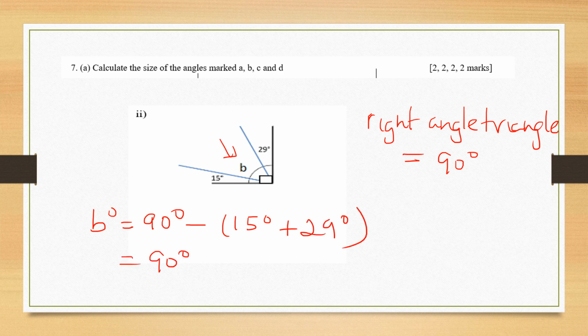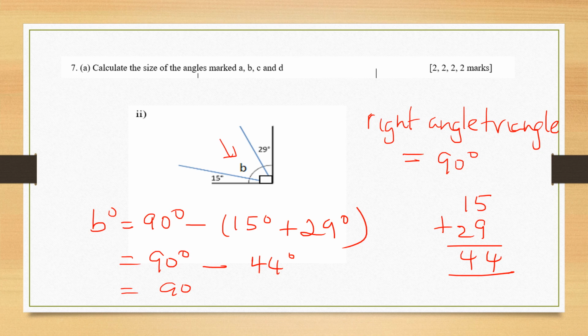So we add 15 and 29, that's 44 degrees. So 90 take away 44 is 46. So the answer is 46 degrees. So that angle is 46 degrees.